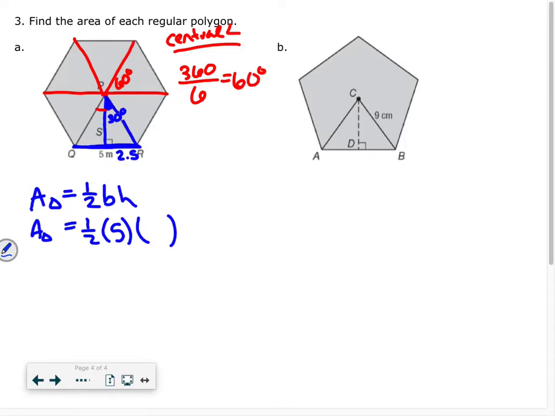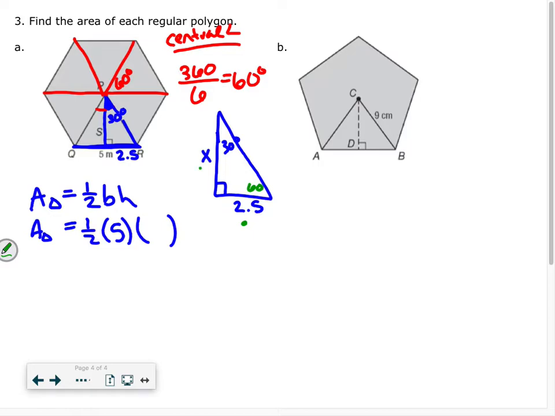So now we have that triangle, and it might help to draw it out separately. So we have 30 degrees, we have 2.5 here, and we need to figure out what the height of that triangle is. If you're good with your 30, 60, 90, you'll see that this is our short side here.